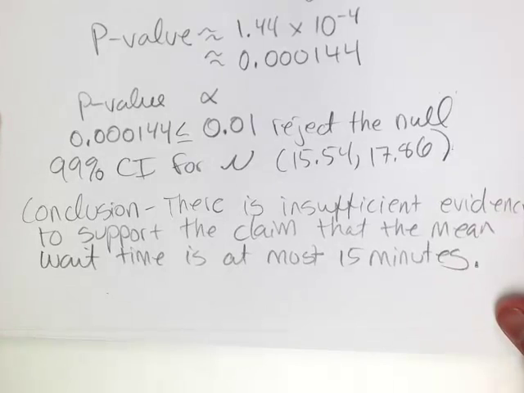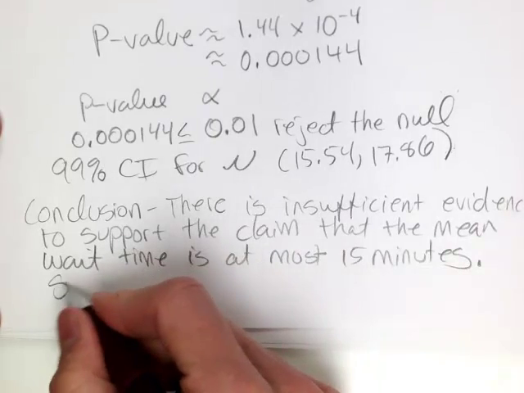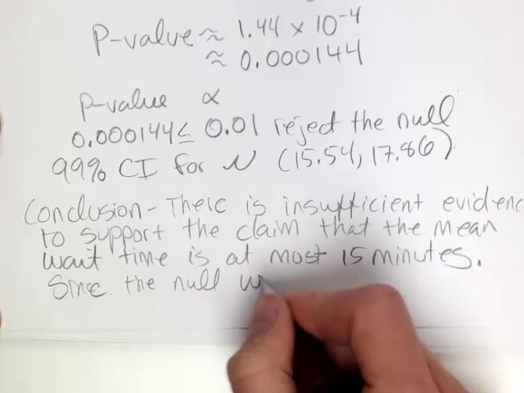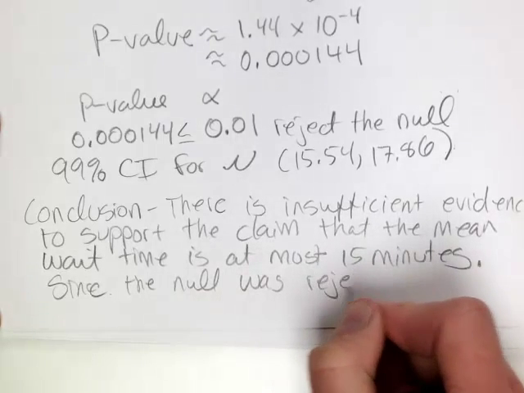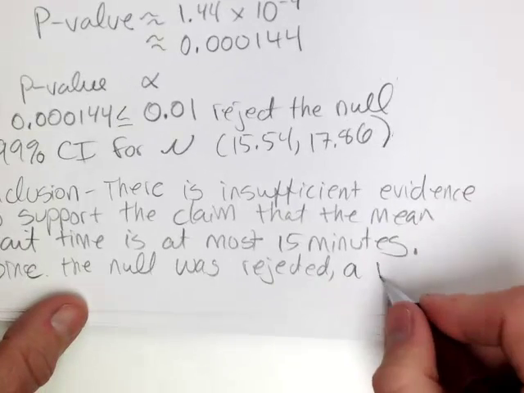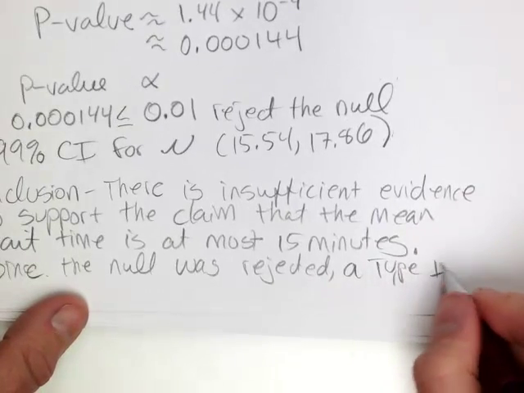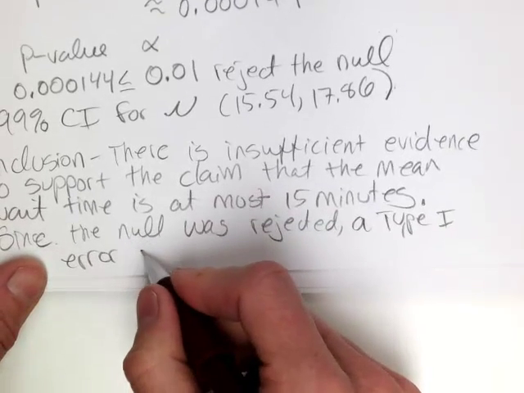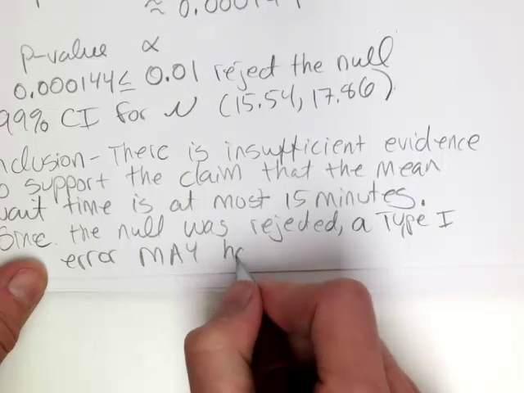Okay, last but not least, since we rejected the null, it is possible that a type 1 error may have occurred. Okay, so since the null was rejected, type 1 error, I'm running out of room here, may have occurred.